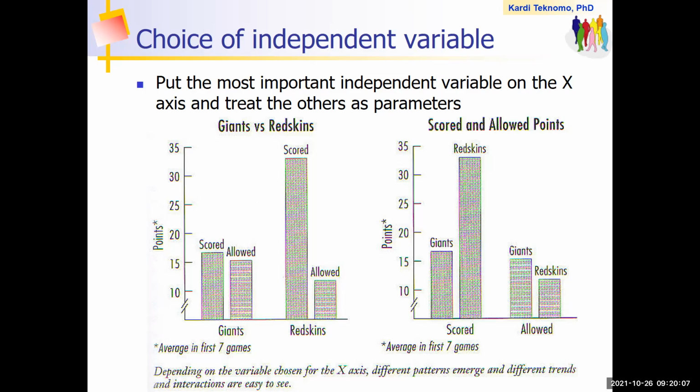This is the sport groups, and then you will say whether the score is allowed or not allowed. Of course the most important independent variable is whether the score is allowed or not allowed. In that case, the sport group is not so important, so you put it as the second variable. So the right side here is better.